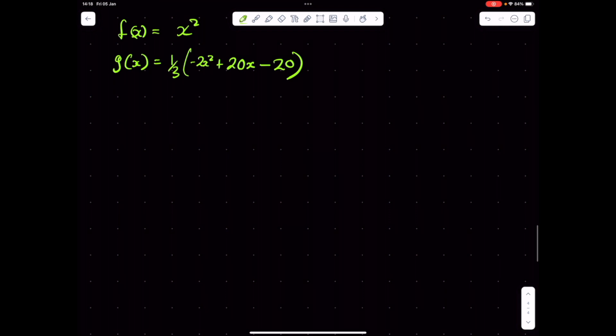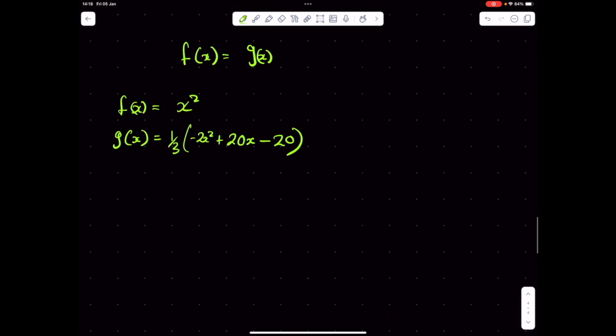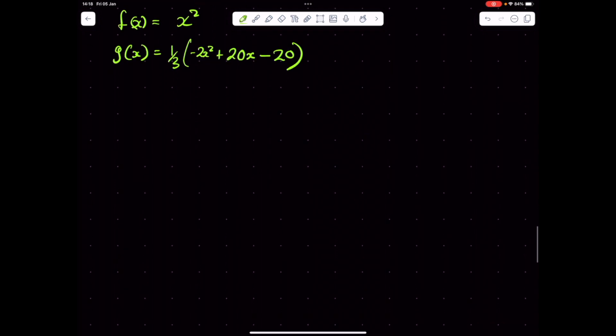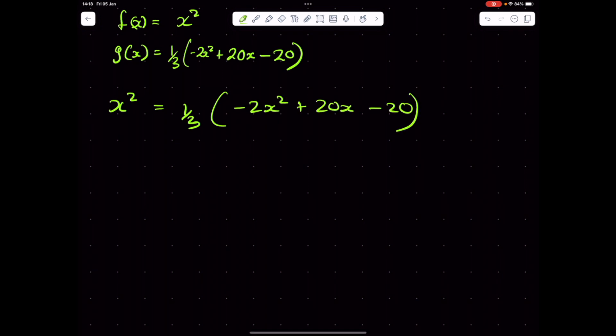Right, so what we're going to do now is we're going to equate, get the x value, then substitute the x value into the original equation to get the y values. So it's going to be x squared should be equal to 1 over 3 times negative 2x squared plus 20x minus 20.